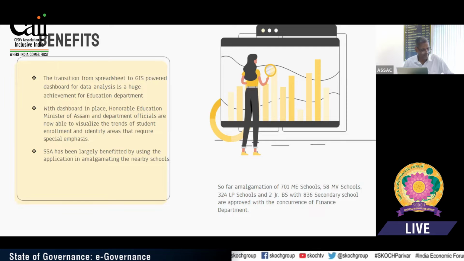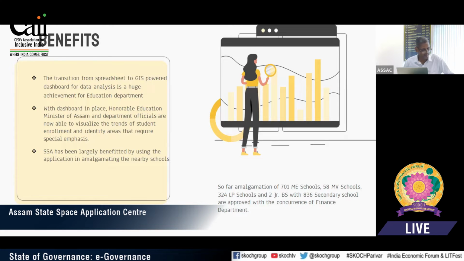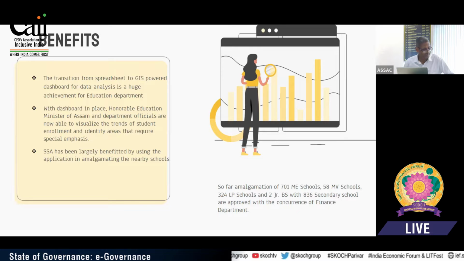So far they have decided to amalgamate 711 medium English schools and medium vernacular schools and K-24 LP schools, and also 2 junior schools are improved. The concurrence of the budget allocation has also been made to amalgamate these schools.